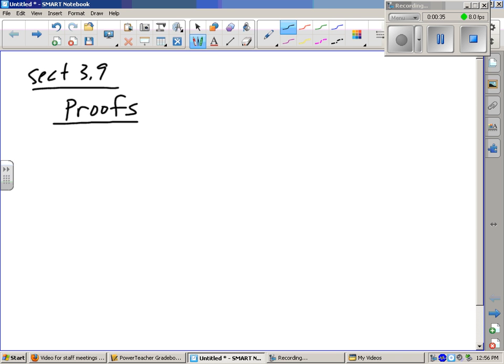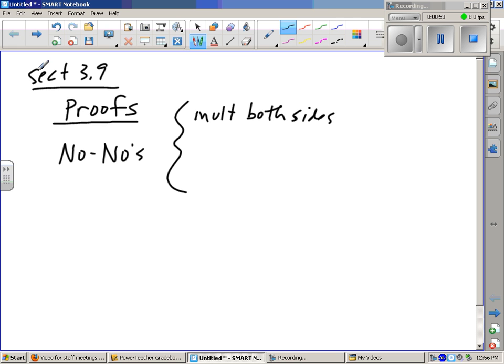All right, the first thing we're going to talk about with proofs is the no-nos. The no-nos are: you may not multiply both sides by anything. Okay, don't multiply both sides by cosine. Don't multiply both sides by 2. Divide is another thing you cannot do.